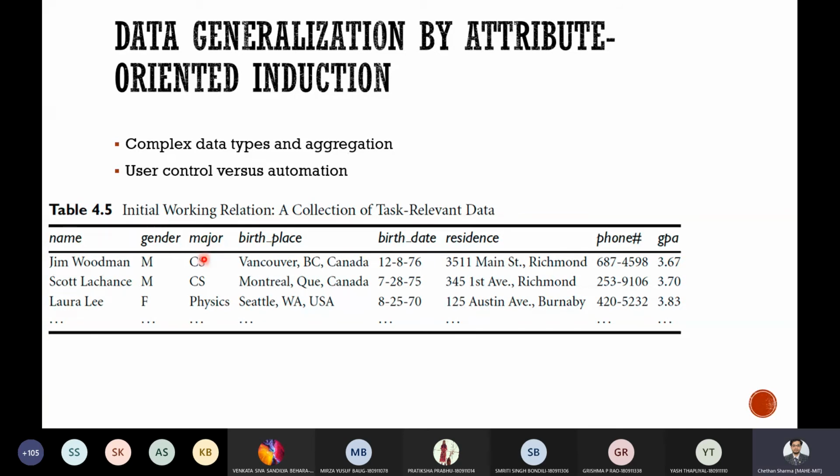Instead of CS, you climb one step up and write engineering. Instead of physics, you can climb one step up and write basic sciences. The next attribute is birthplace. Again, this attribute can have a large number of distinct values, so it is better to generalize it.